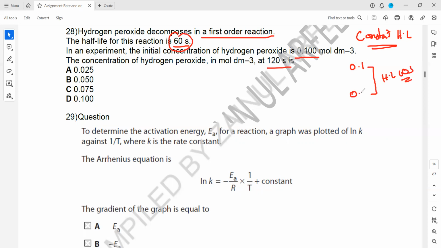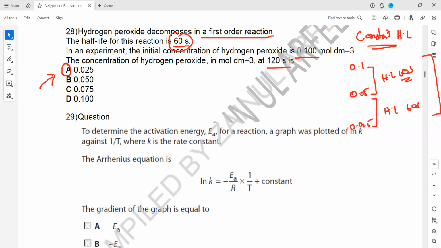It will be half, so we'll have 0.05. Then after another half-life, another 60 seconds, or a total of 120 seconds, it will be 0.025. So the concentration of hydrogen peroxide after 120 seconds, which means after two half-lives, will be 0.025.